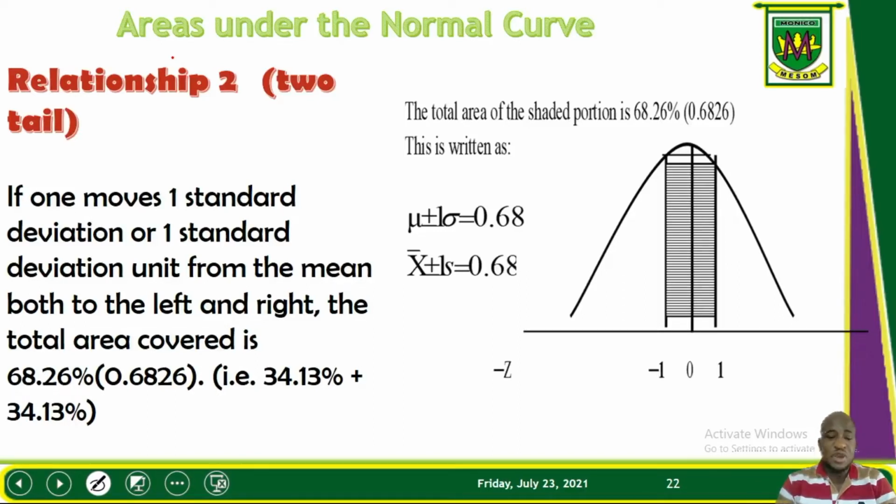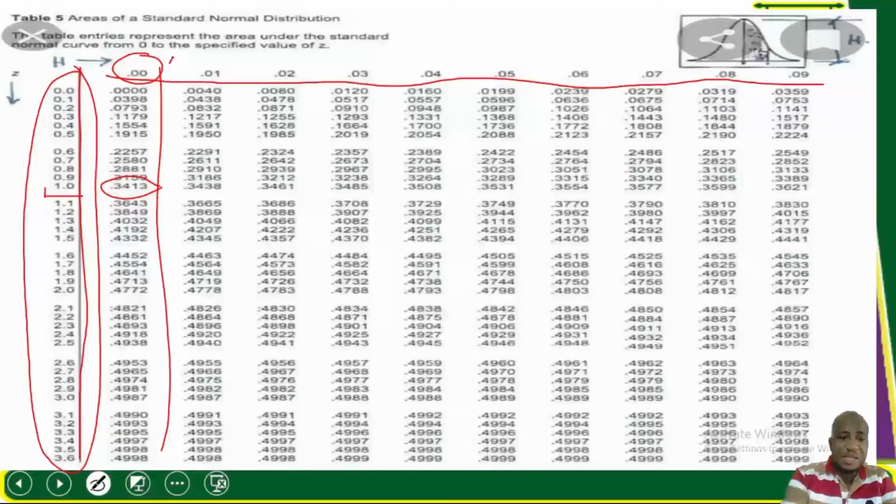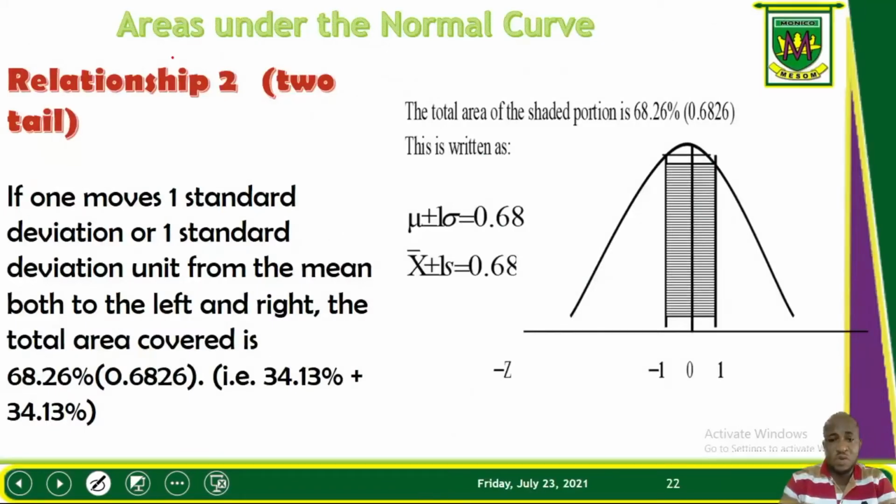So since we know movements in 1 standard deviation units, one-tailed was 0.3413. All we have to do is add 0.3413 for both sides. So we will get 0.6826.